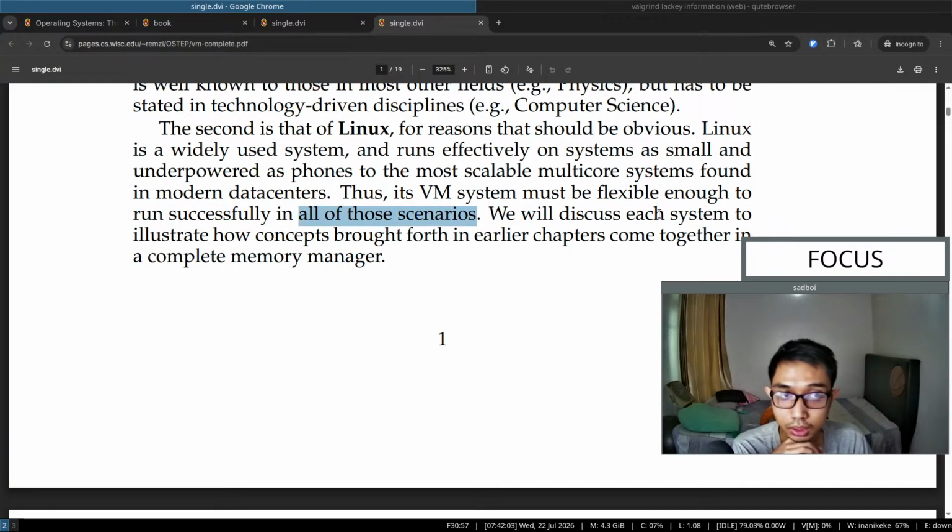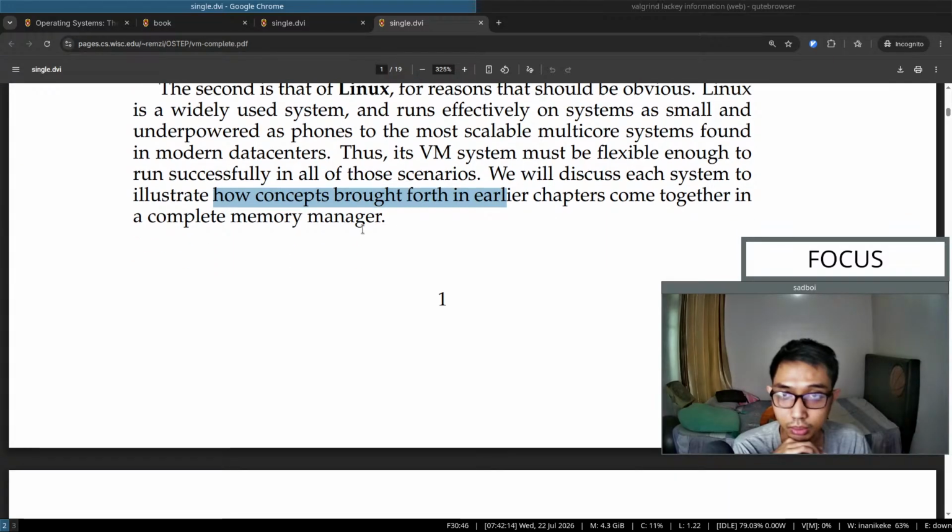We will discuss its system to illustrate how concepts brought forth in earlier chapters come together in a complete memory manager.